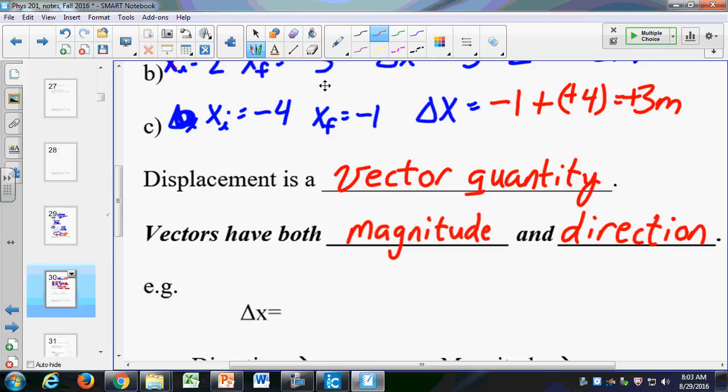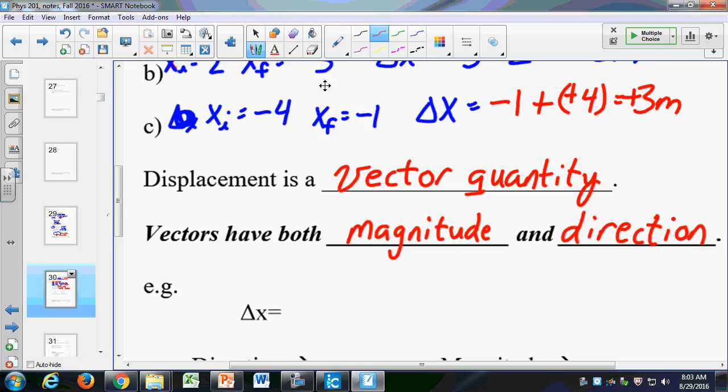After this chapter, you'll get more vectors than you ever really wanted. But in this chapter, we're going to deal with vectors in one dimension, and the magnitude will just be the value of the number. Is it 5? Is it 3? Is it 2? The direction in this chapter, because we're just doing one dimension, will be the sign of the number. Is it positive or is it negative?